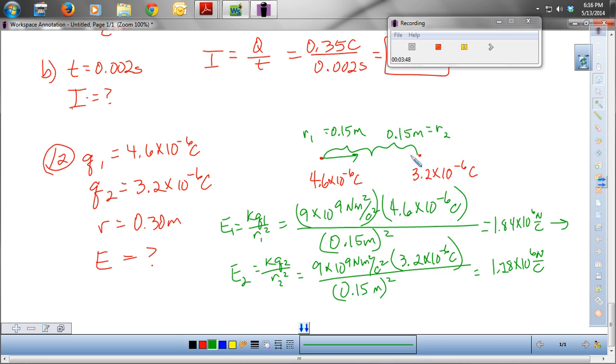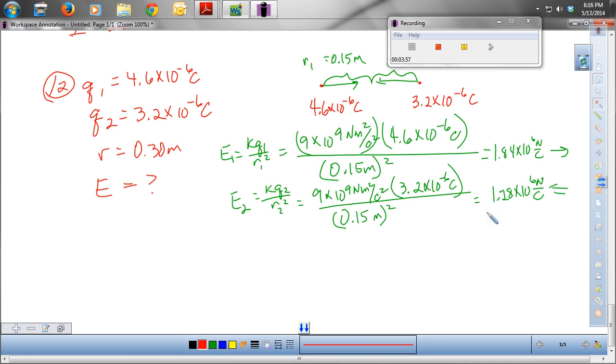And so that positive charge has a field in that direction. So I know since they're in opposite directions, I need to subtract those two values. So I just did a minus there, and when I did that, I got 560,000. And it's going to be in the direction of the larger, which is the one right there.